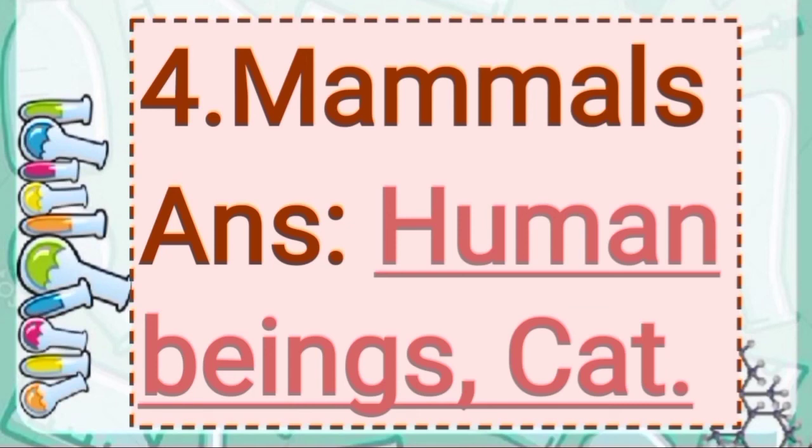Mammals do not lay eggs and they reproduce by giving birth to young ones that feed on their mother's milk. So here examples of mammals are human beings and cat.